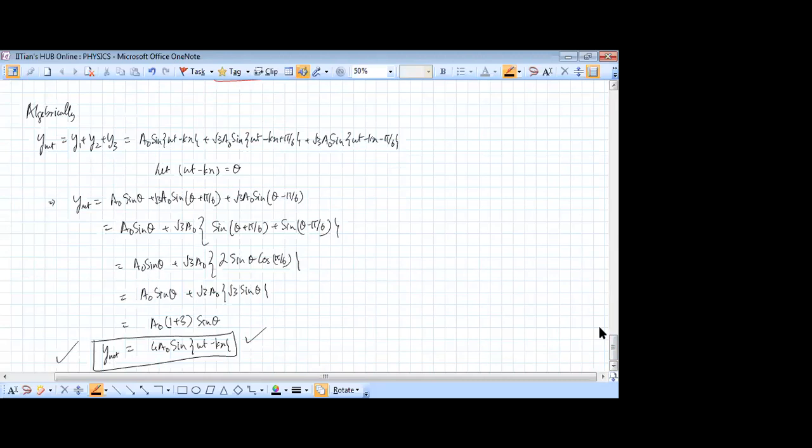Okay, understood now. Had this been constructive interference, then your phase difference would have been 2n pi for each of them, so your resultant amplitude would have become A naught plus root 3 A naught plus root 3 A naught. The maximum possible amplitude for the superposition of these three is the sum of their amplitudes. But here 4 A naught is less than 1 plus 2 root 3 times A naught.